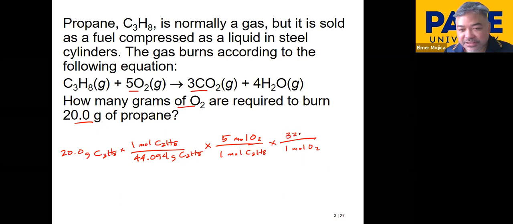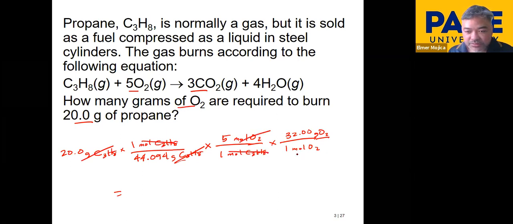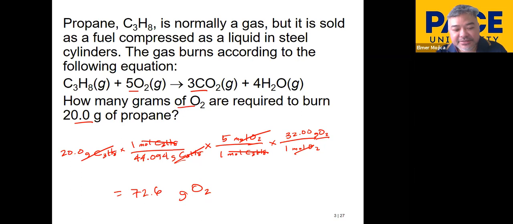So that's just 32, right? And then if you're going to look at these, grams, moles of propane, and then moles of oxygen, leaving you the grams of the oxygen, which if you answered would be around 72.6. Please check.